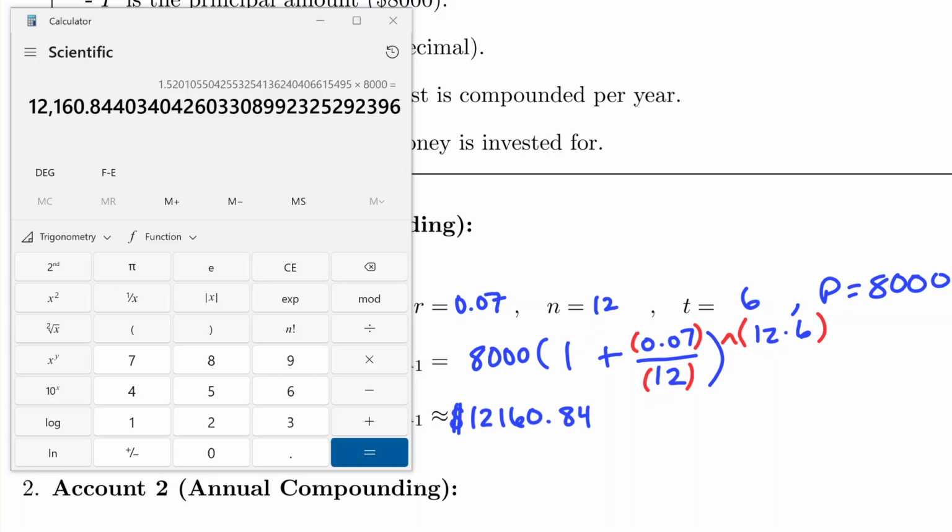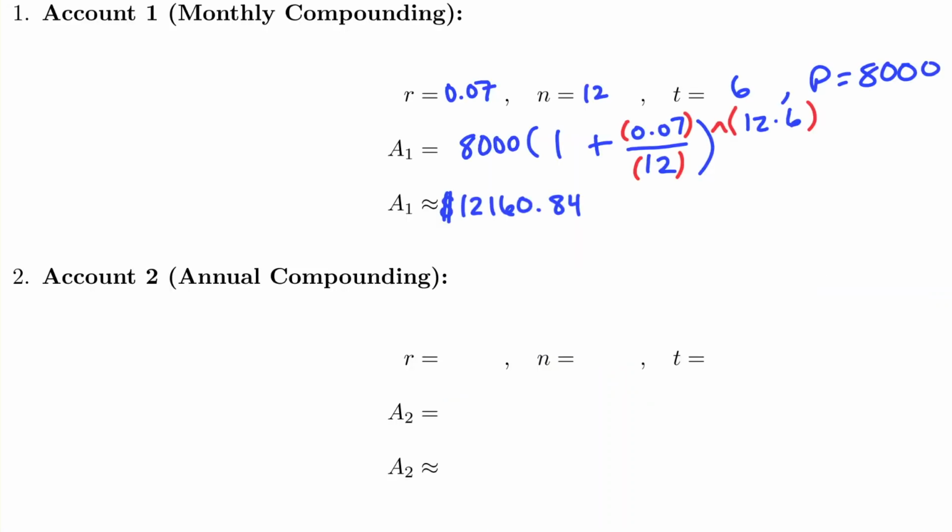Now let's look at the second account. So now with the second account, if we look at the details provided above, we know our interest rate for this one is 0.0685 when you move the decimal place 2 places to the left. Since it's compounded annually, we know our N is 1, our amount of time is still 6 years, and our principal, I'll add that in, is 8,000 as well.